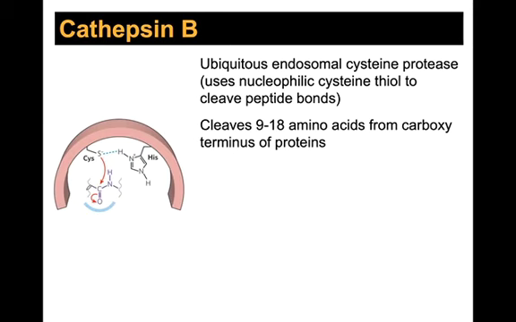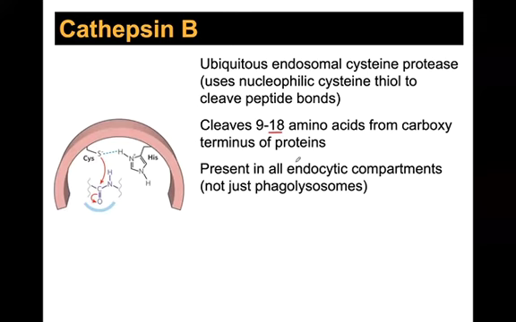It'll typically cleave between 9 and 18 amino acids from the carboxy terminus. And so you can get rather long peptides that are being cleaved here. Cathepsin B is present in all of your endocytic compartments. It's not just the phagolysosomes, but it's activated in the phagolysosomes. So this allows you to control where you're going to have this degrading your cell proteins.